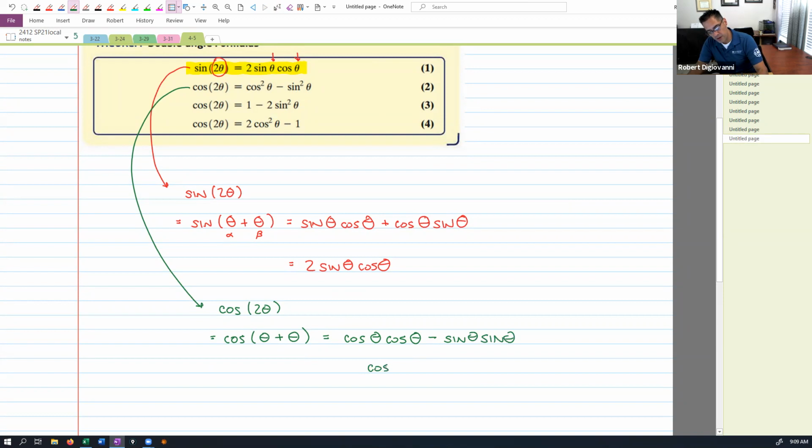And that equals cosine squared theta minus sine squared theta. Does that make sense, everyone? That's your first formula.